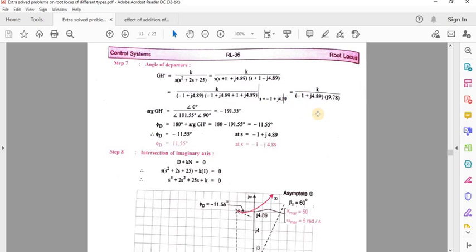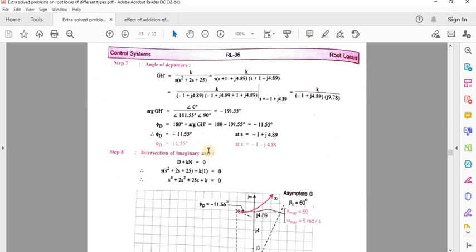Take the polar form, then add this, take it to the numerator, it will become minus. Then the angle of departure is given as 180 plus argument of GH, which means minus 191.35, it will be minus 11.55. So the angle of departure is given as minus for the first pole, plus for the second pole.